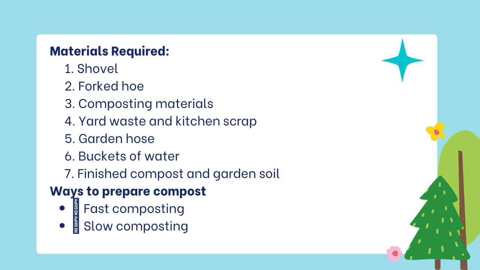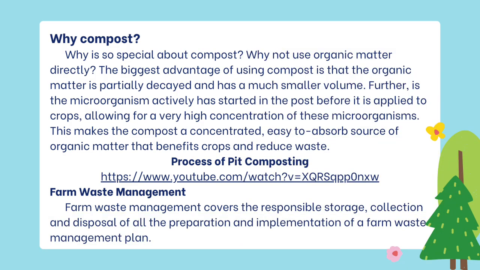Ways to prepare compost. Number 1, fast composting, and number 2, slow composting. Why do we use compost? What is so special about compost? Why not use organic matter directly? The biggest advantage of using compost is that the organic matter is partially decayed and has a much smaller volume.